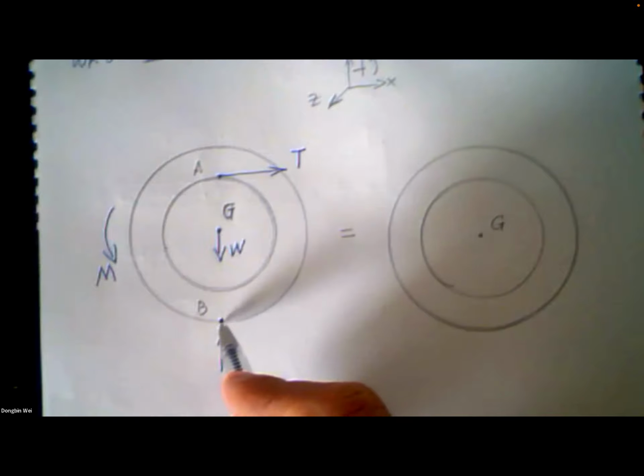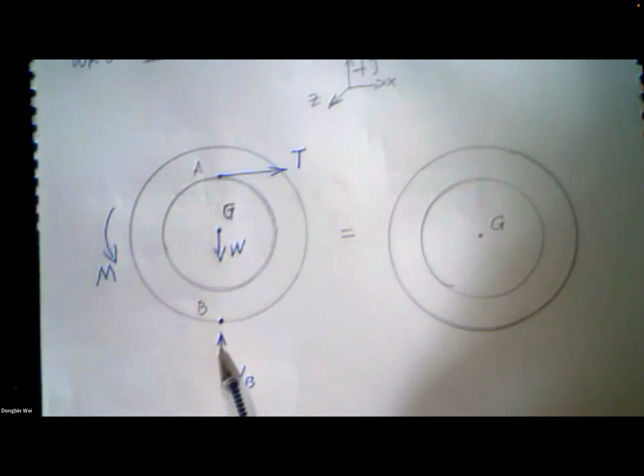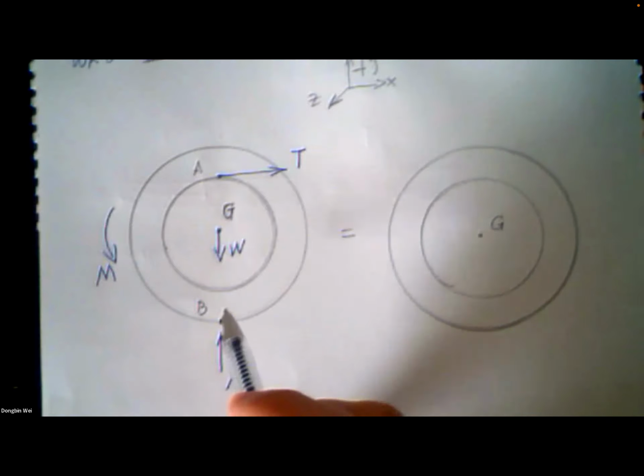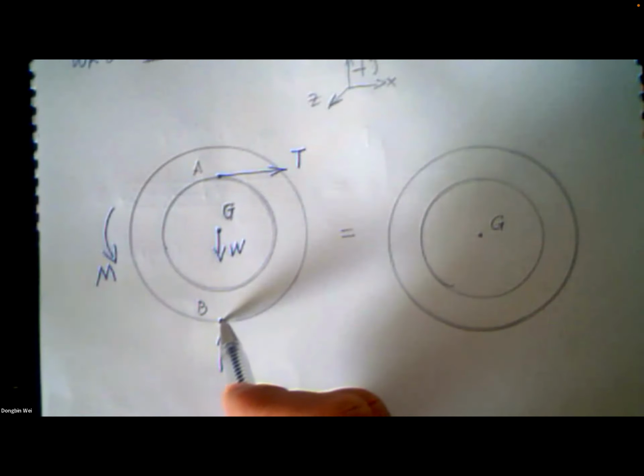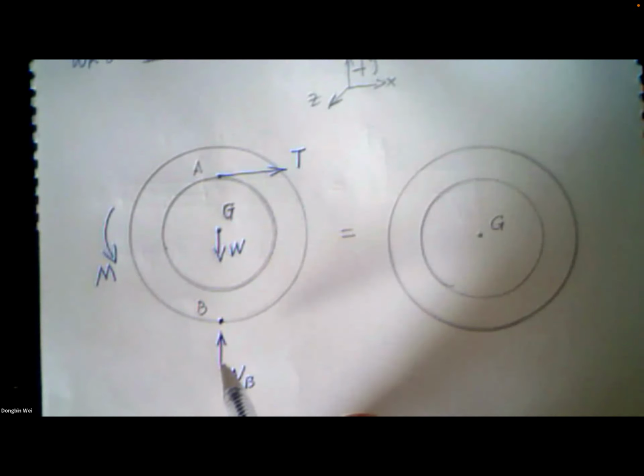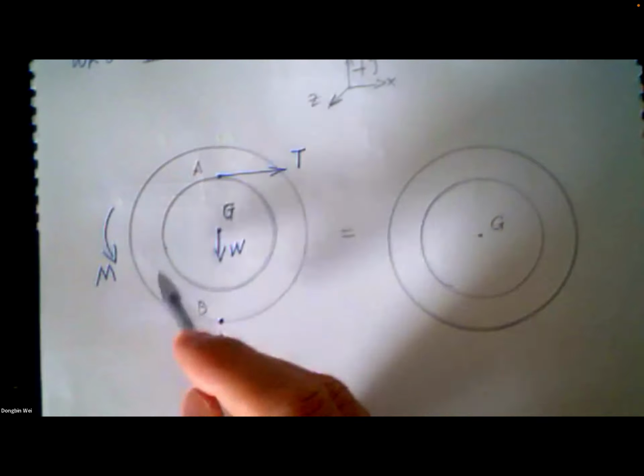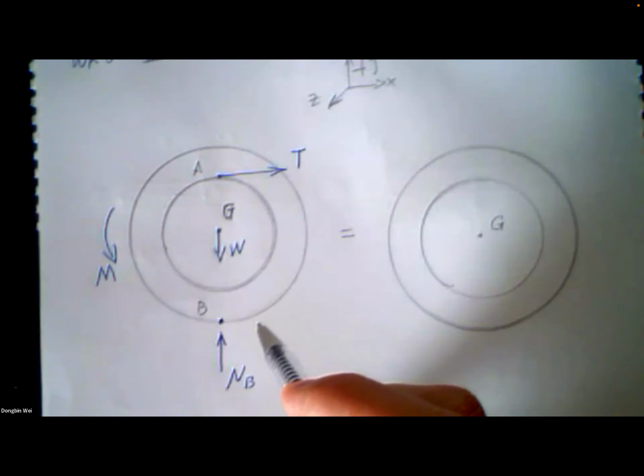Now, to determine the friction force direction, we have two steps. First step, we assume no friction. If no friction, what will happen?